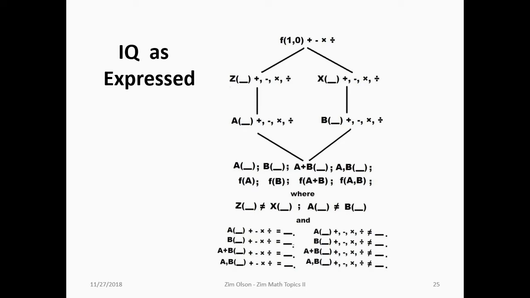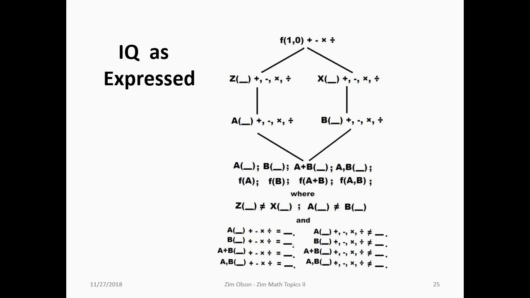The source is expressed. The source is an expression itself, and we get a derivation of that. And each of the two derivations, Z and X, have their own derivations. They could be human, country, geographical, earthly, government. Z and X could be that, and A and B could be individuals.